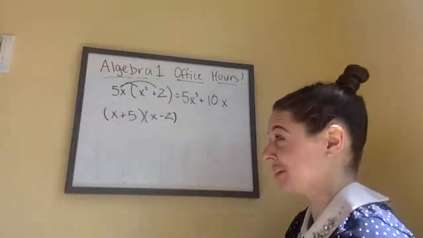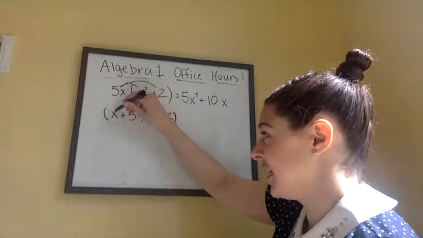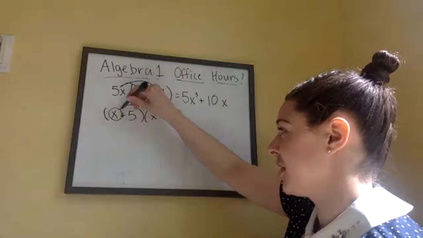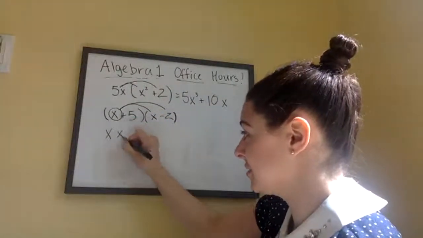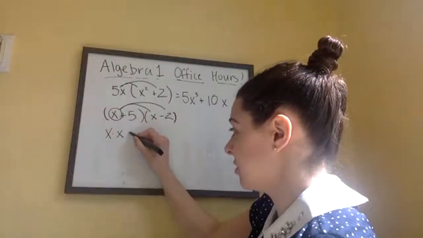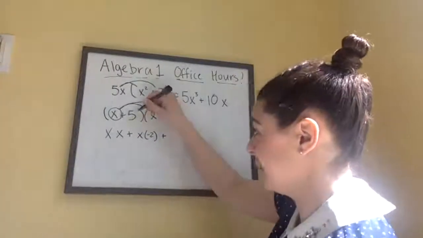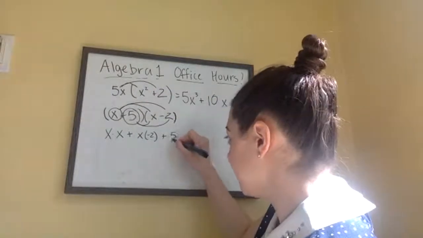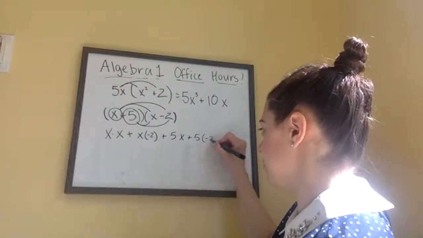But when it comes to these kinds of advanced problems, you would take the first thing in the binomial and multiply it with everything, or distribute it with everything in the second one. So you do x times x, plus x times -2, plus, and then you would do the same thing with the other number in that first term: 5 times x plus 5 times -2.